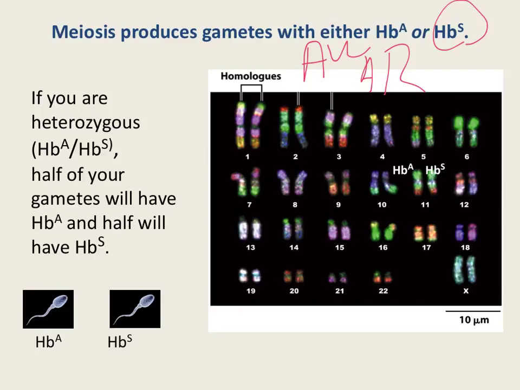So half your gametes will have HBA and half will have HBS. Here are some sperm. Remember, they're haploid, not diploid, so they carry one copy of each chromosome, all 23 of them. Or this is the HBS variant.